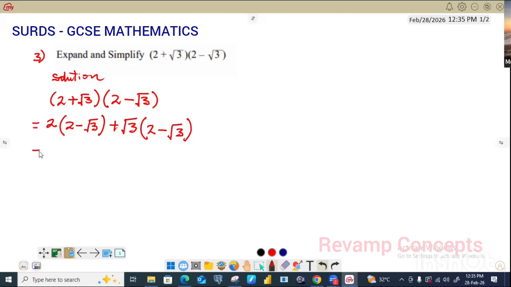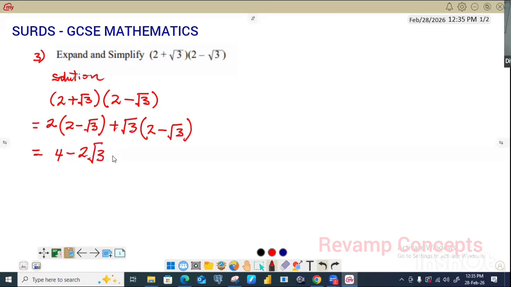So, in doing that, we'll say 2 multiplied by 2. What would that give us? 2 multiplied by 2 is 4. Now, 2 multiplied by minus root 3 will give us what? That is minus 2 root 3, right?